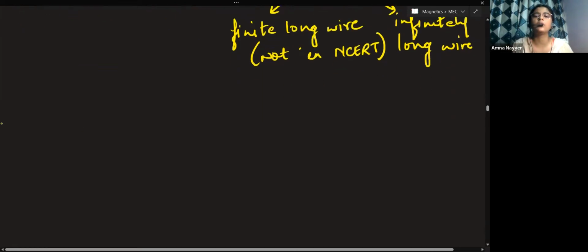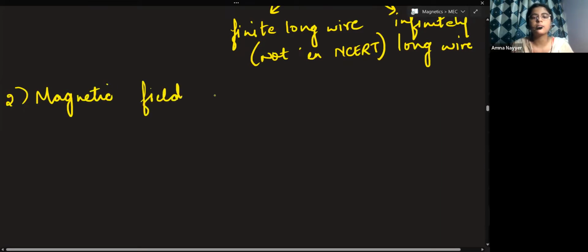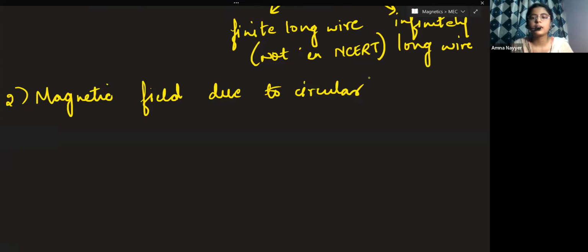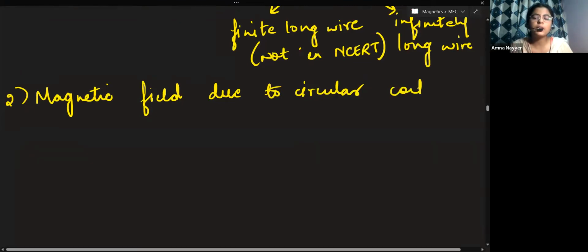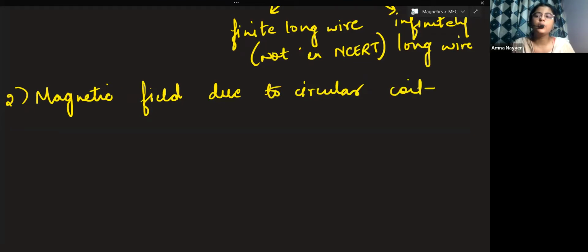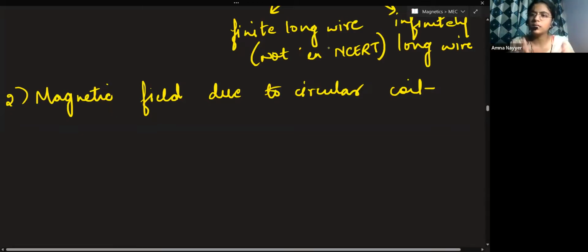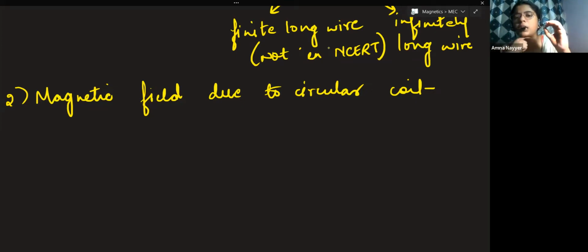Then we have the magnetic field due to a circular coil. In the case of a circular coil, you don't have just a circle. If this is a circle, then at its center there must be some magnetic field.